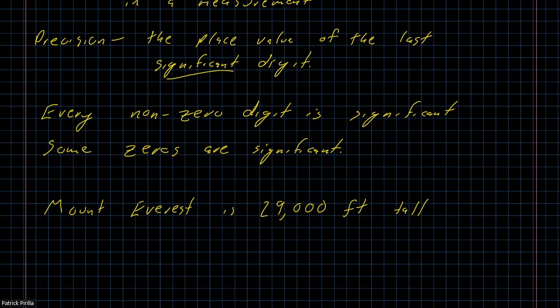A very classic example of why this sort of reasoning is important comes from early studies of Mount Everest. The tallest peak in Mount Everest is 29,000 feet above sea level.